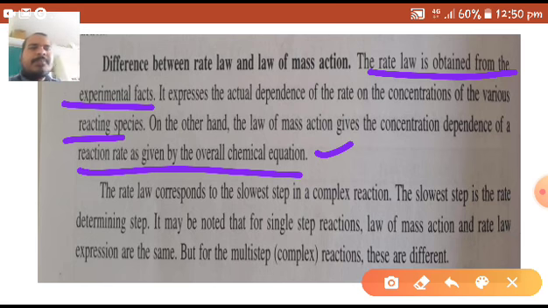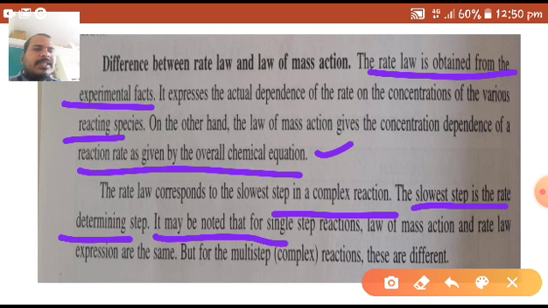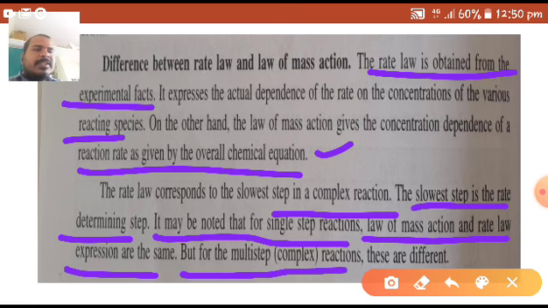The rate law corresponds to the slowest step in a complex reaction. The slowest step is the rate determining step. For single step reactions, the law of mass action and rate law expressions are the same, but for multi-step reactions they are different. In any reaction which takes place in more than one step, the slow step is the rate determining step.